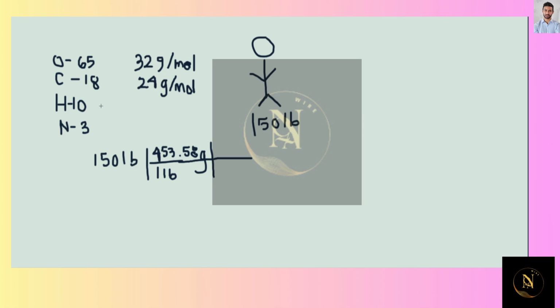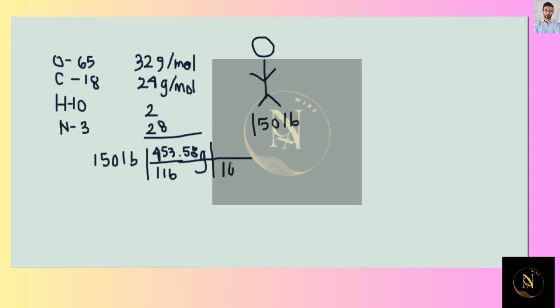For hydrogen, we're just going to round it to 1, but because it's diatomic as well, we'll have 2 grams per mole. For nitrogen, it's 14 grams per mole normally, but because it's diatomic, it's going to be 28 grams per mole. When we total all of this, we end up with 104 grams per mole.